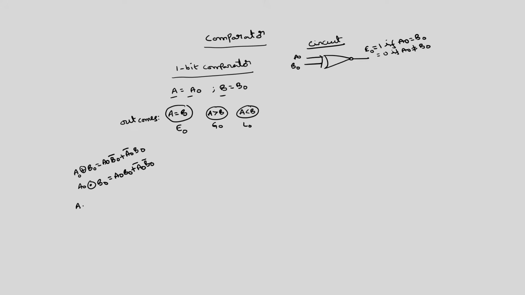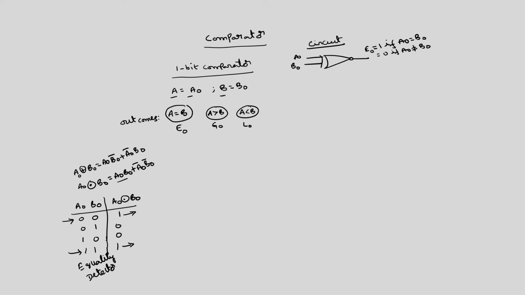If I take the truth table, A0 B0 and then A0 exclusive NOR with B0: 0 0 gives 1, 0 1 gives 0, 1 0 also gives 0, 1 1 becomes 1. So if the input bits are equal, output is 1, otherwise output is 0. So this exclusive NOR gate acts as an equality detector. Basically, exclusive NOR gate will be used for checking the equality.